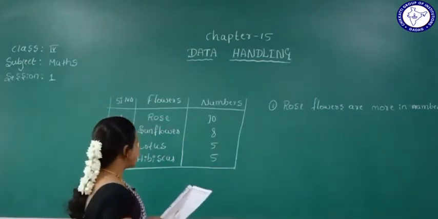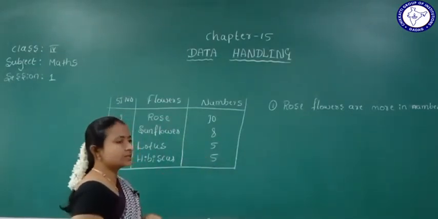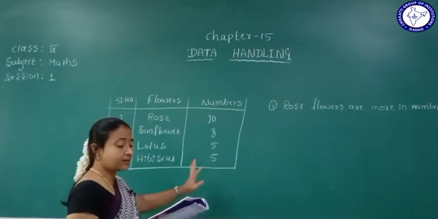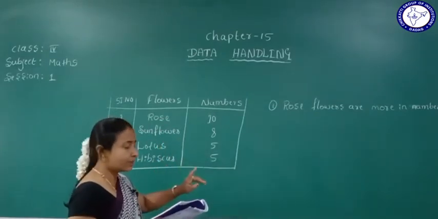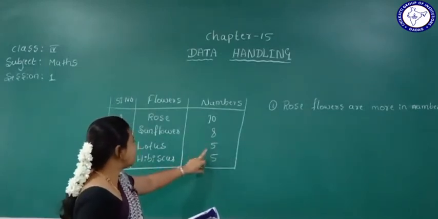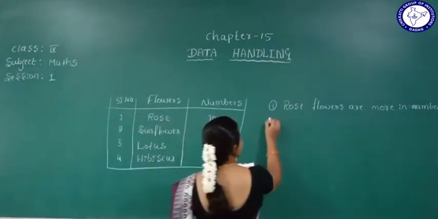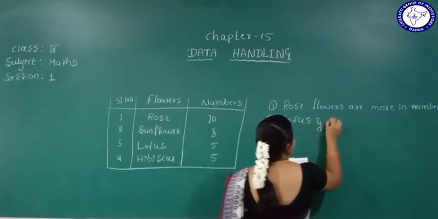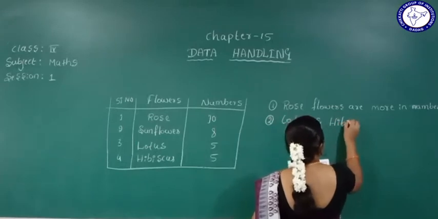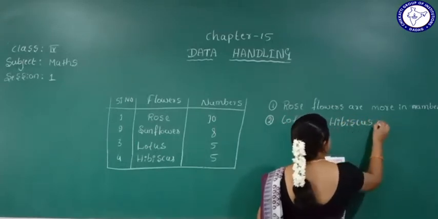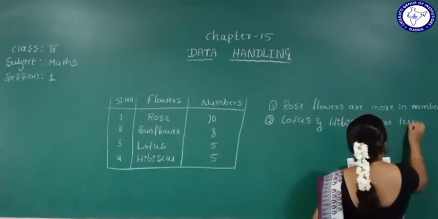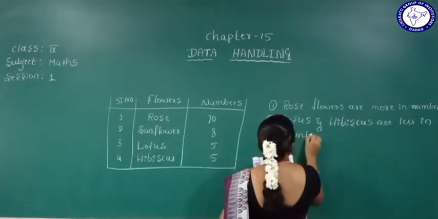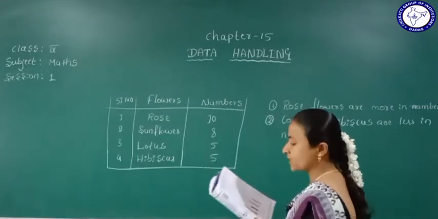Lotus and hibiscus are both the same. So we will write: lotus and hibiscus are less in number.